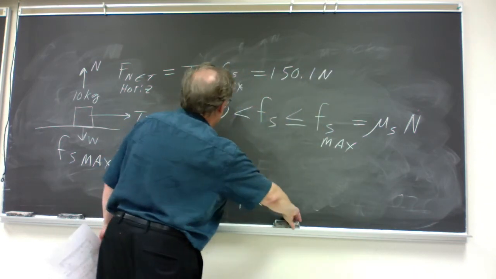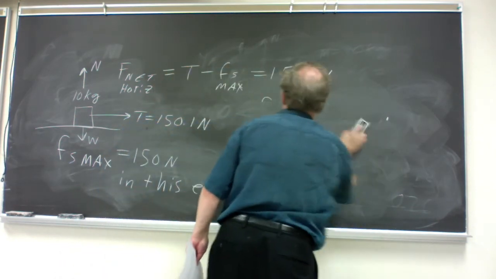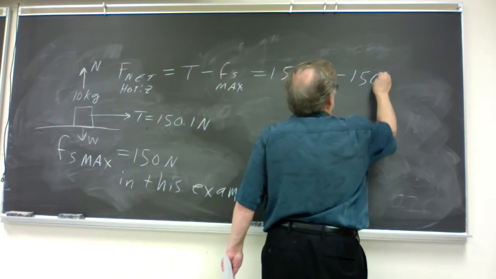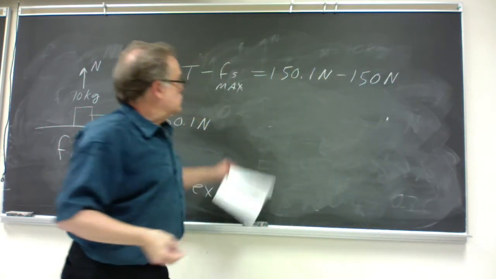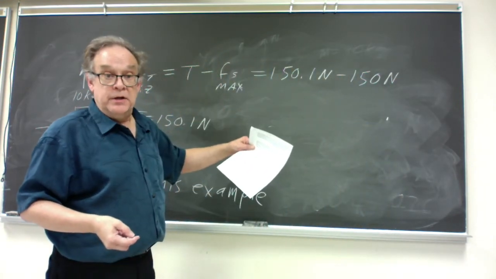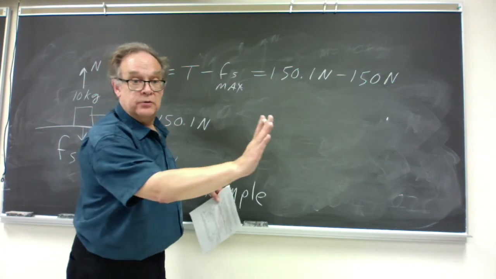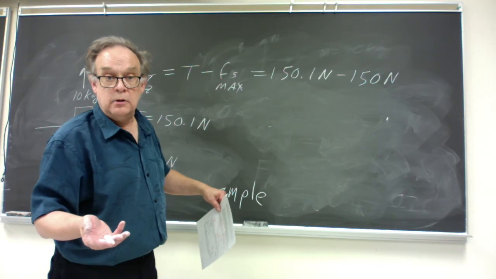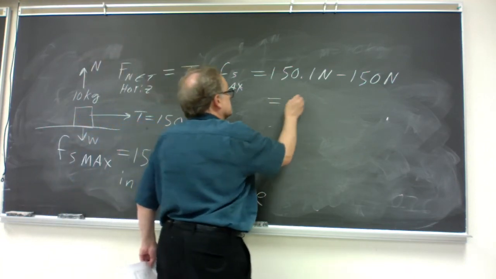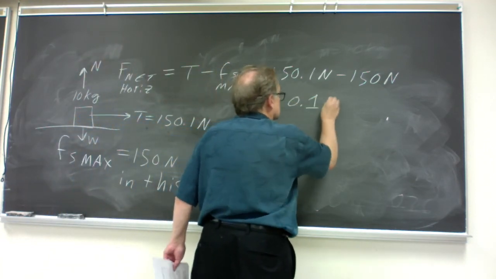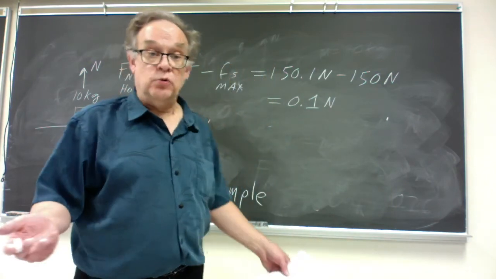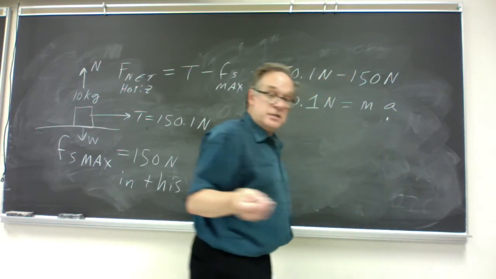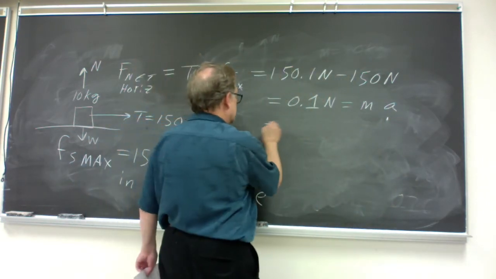And that maximum value of static friction is just plain 150 newtons. So the difference, the net force accelerating the crate forward is a pretty tiny net force, just 0.1 newtons. But being a net force, it's equal to mass times acceleration. And the mass in this case was 10 kilograms.